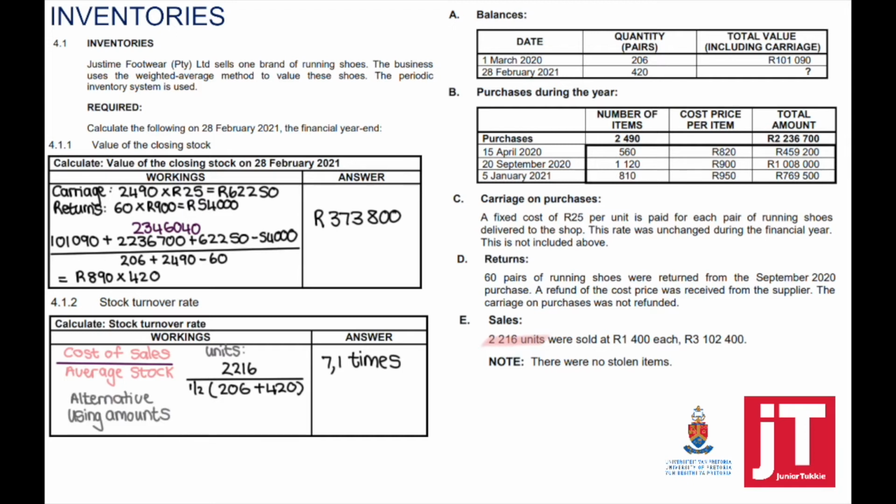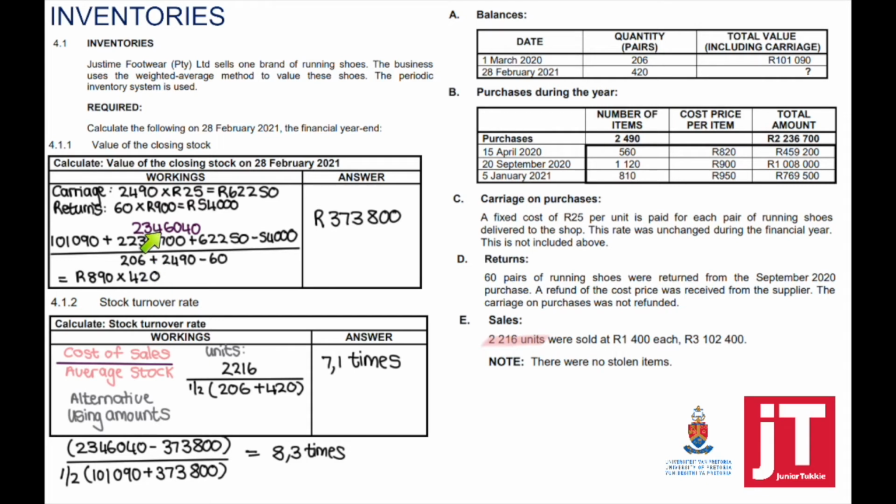If you're using the amounts, it means that I first need to calculate the cost of sales. To calculate the cost of sales, it is your opening stock plus purchases plus carriage on purchase minus the closing stock.